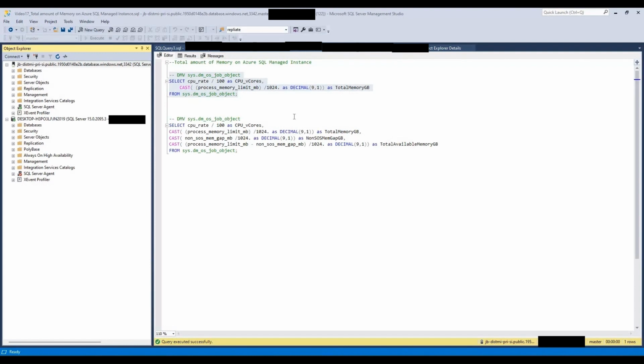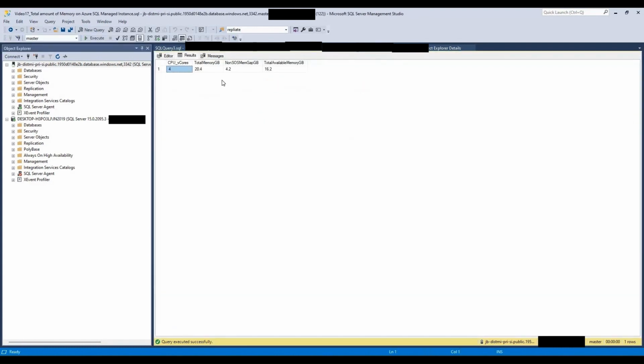SQL OS target memory is the difference between the values in columns process_memory_limit_mb and non_sos_mem_gap_mb. We will understand that once we execute this particular query. So let's execute that. If we look at it here, we are able to get the amount of memory that is given to non-SQL OS related things.